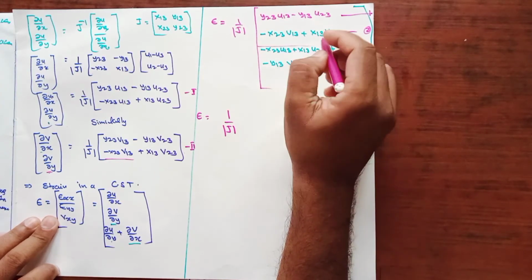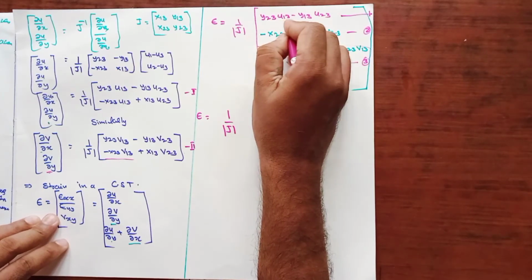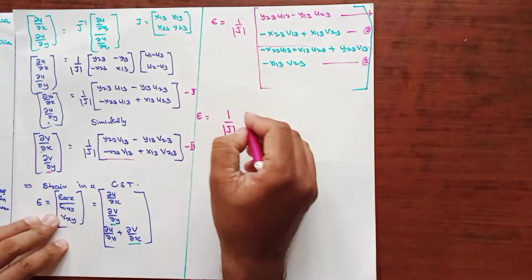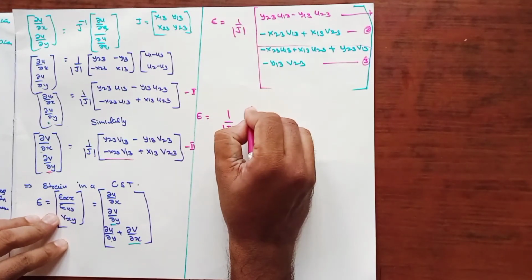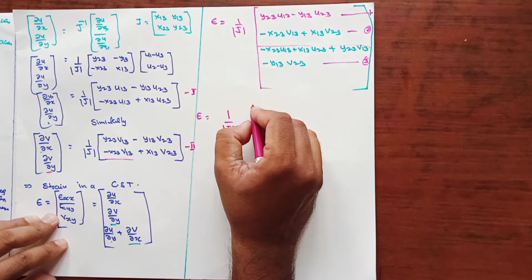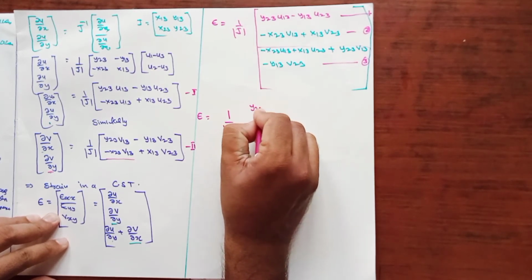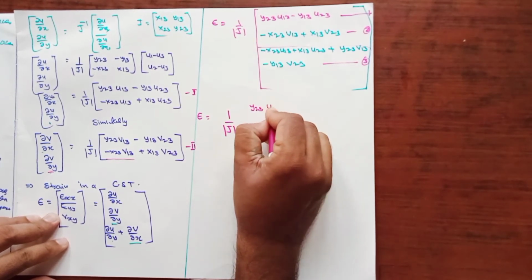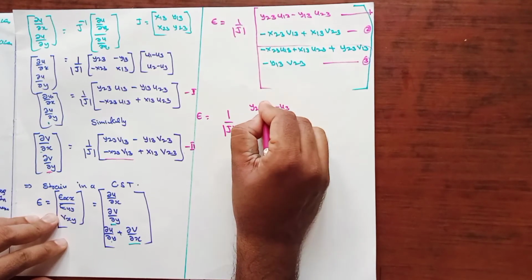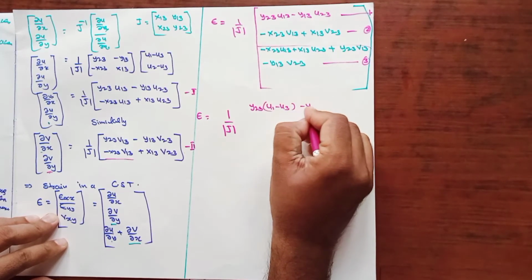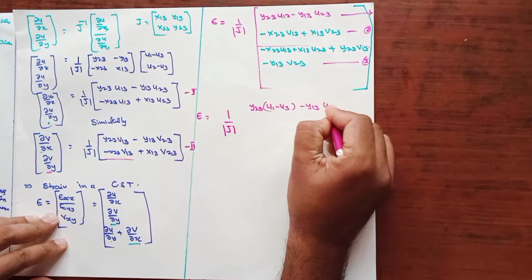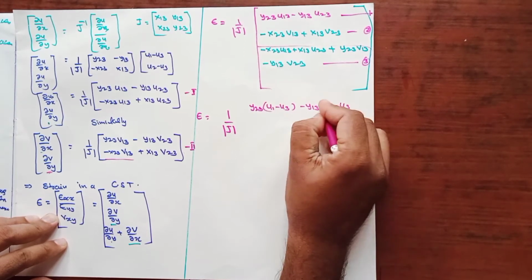Here I'm going to rewrite the above equation again to simplify the matrix form. So y23 times u13, which can be written as u1 minus u3, minus y13 times u23, which can be written as u2 minus u3, for simplification.